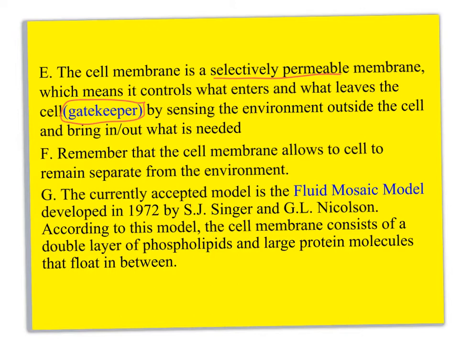It knows what it needs. It knows the perfect amount of water and salt and calcium and all these different atoms. It knows the perfect amounts that it needs to function. And so if it needs something, it brings it in. If it needs to get rid of something, it gets rid of it. So the cell membrane is selectively permeable because it's only going to allow what it needs and what needs to leave in and out.